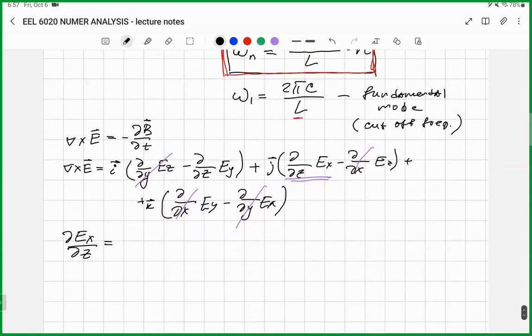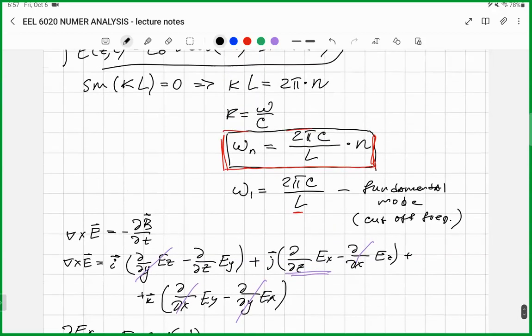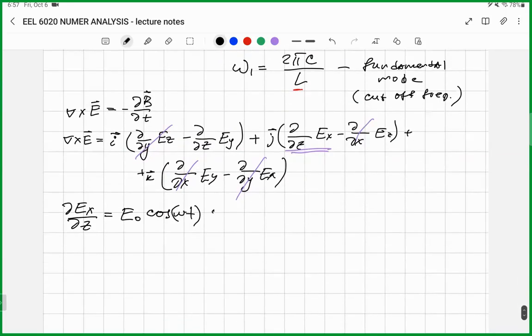So I write the part that doesn't depend on z: E0 cosine omega t. The derivative of sine kz by z is cosine kz times k.